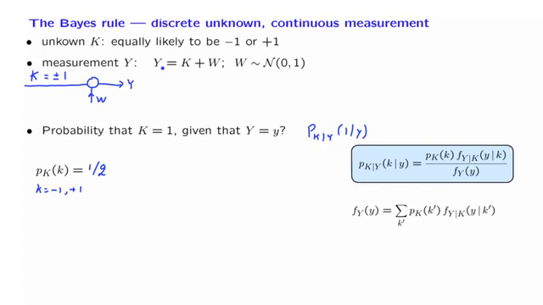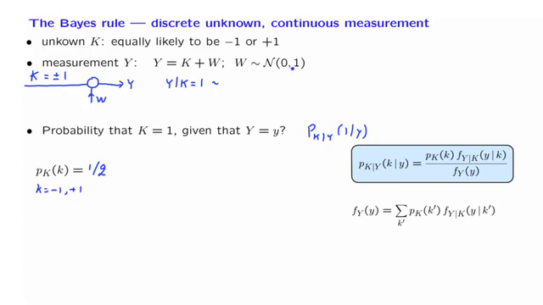It means that y is a standard normal random variable to which we add the value of k. So if k is equal to 1, we're taking a standard normal and we add a value of plus 1. So y, given that k is equal to plus 1, is going to be a standard normal plus 1. What does that do?